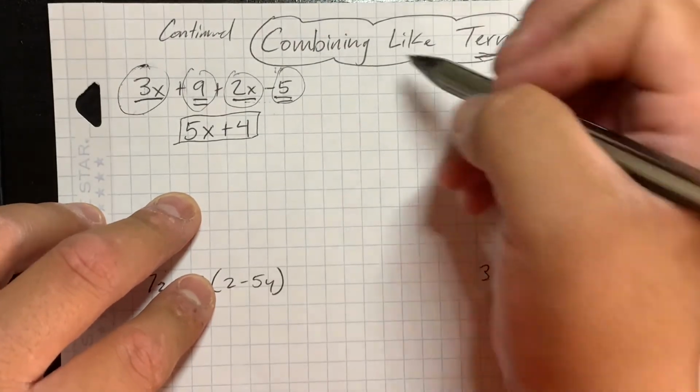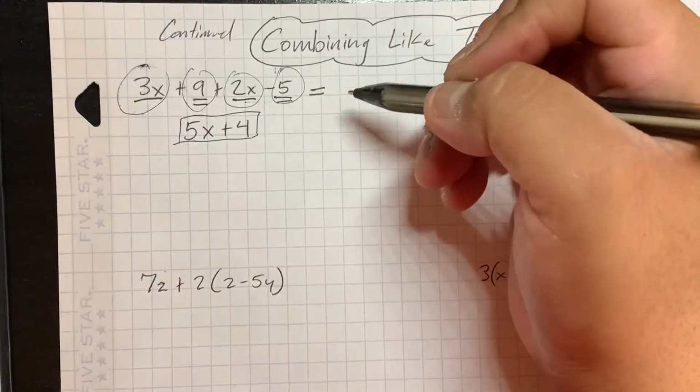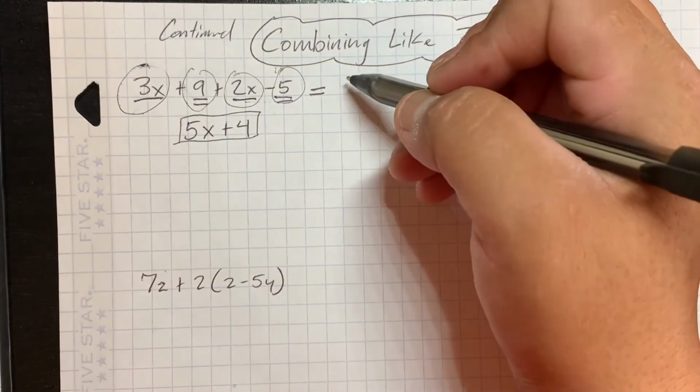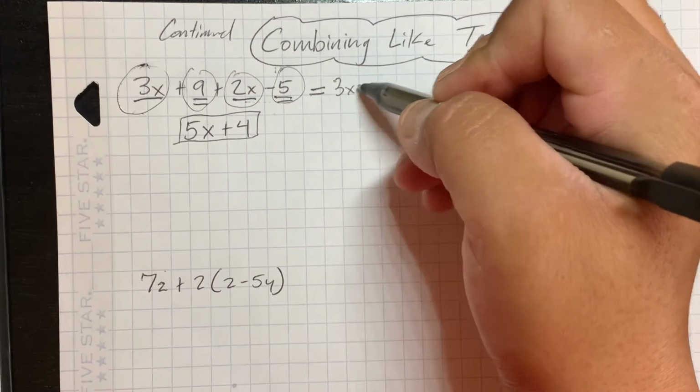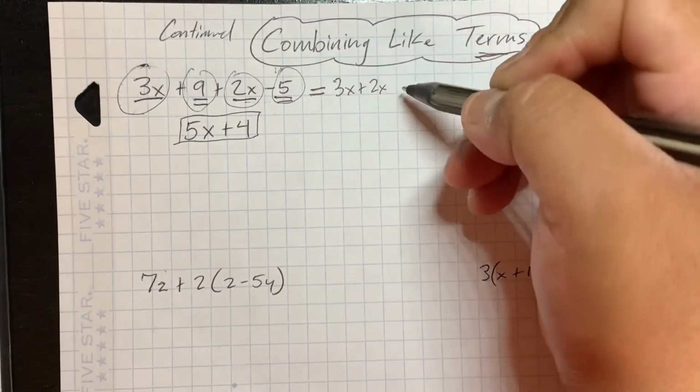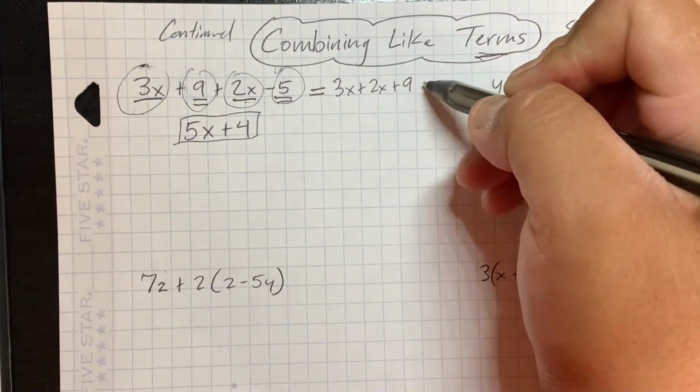Another way you could do this, and maybe this might help you guys out: when we combine like terms, it's 3x plus 2x, like I mentioned, plus positive 9 minus 5.